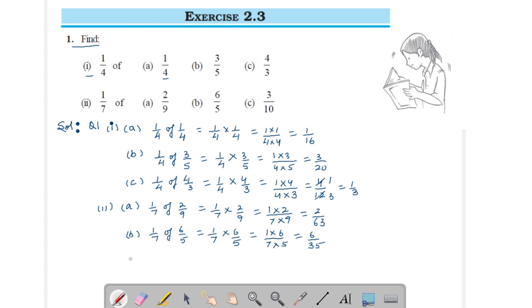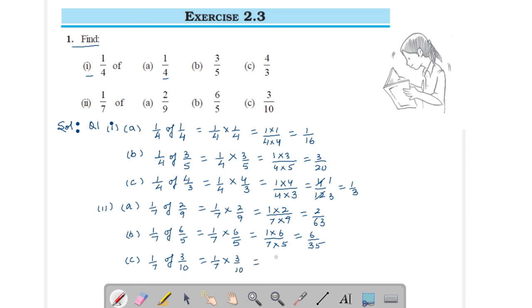Now come to C part. It is 1 upon 7 of 3 upon 10. Here, this can be written as 1 upon 7 into 3 upon 10.